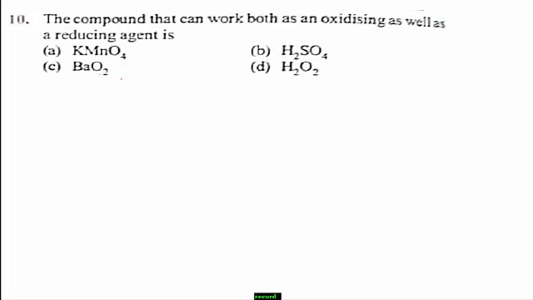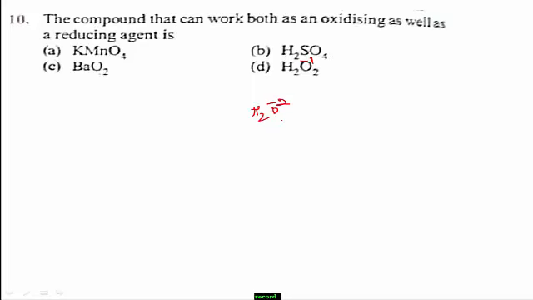Students, when we observe the given options, take the oxidation number of oxygen in hydrogen peroxide. Let's take option D. Here, the oxidation number of oxygen in H2O2 is -1. It can either increase to 0, for example in O2 where it is 0, or decrease to -2, for example in H2O where it is -2.